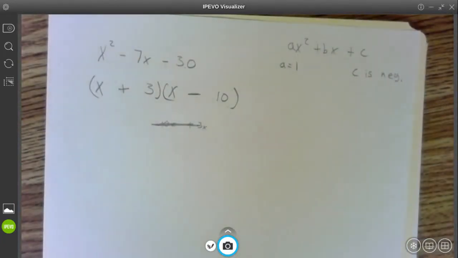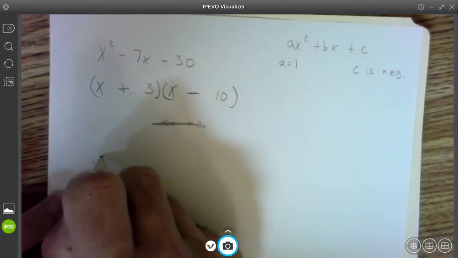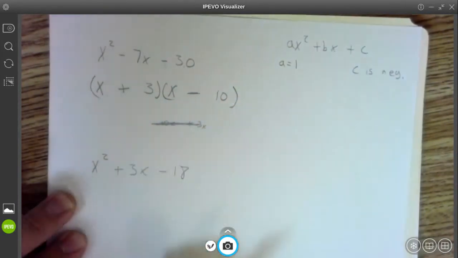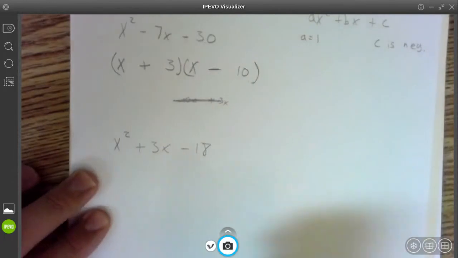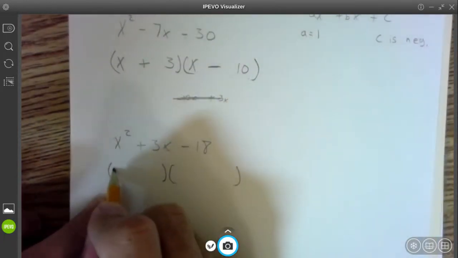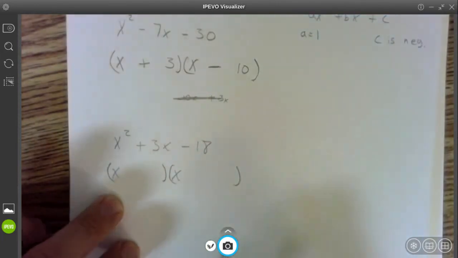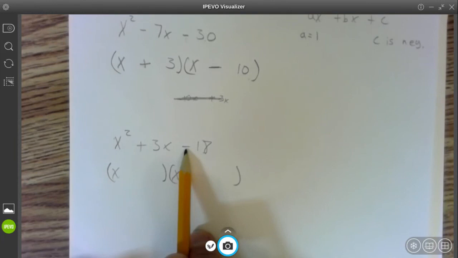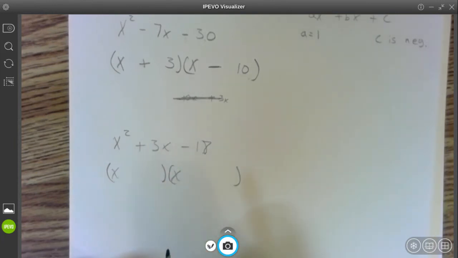All right, let's do another one here. We've got x squared plus 3x minus 18. X times x. We want two numbers that multiply to 18 and subtract to give us 3. So they multiply to 18 and subtract to give us 3.